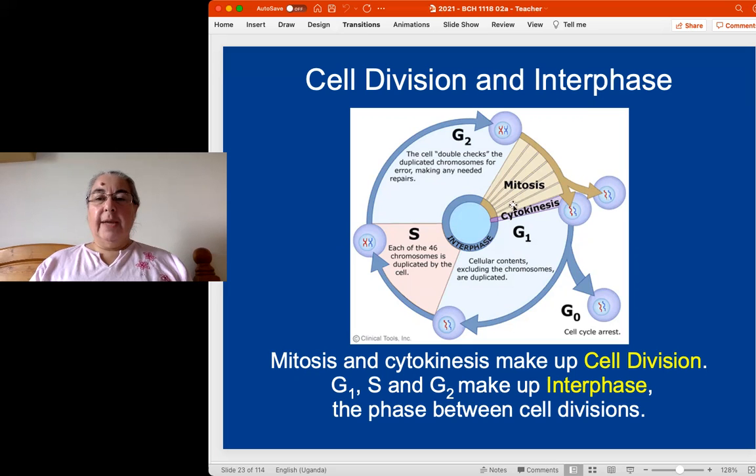During mitosis and cytokinesis, the cell can be seen to be dividing. In G1, S, and G2, it is not actively dividing, so this is called interphase, the phase in between cell division. If we talk about an interphase cell, we're referring to a cell that could be in any of these stages.